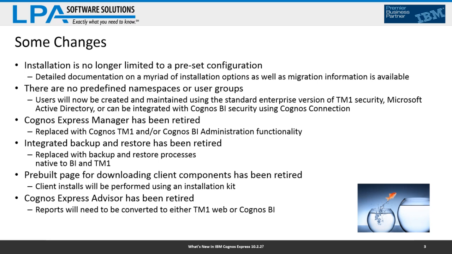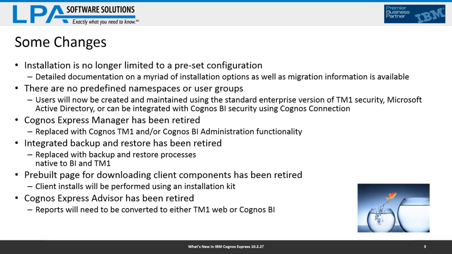Installing client software. There is client software on the Planner and Xcelerator side. There is client software on the Reporter side. The way you distribute that client software used to be through a download page that was part of Express.